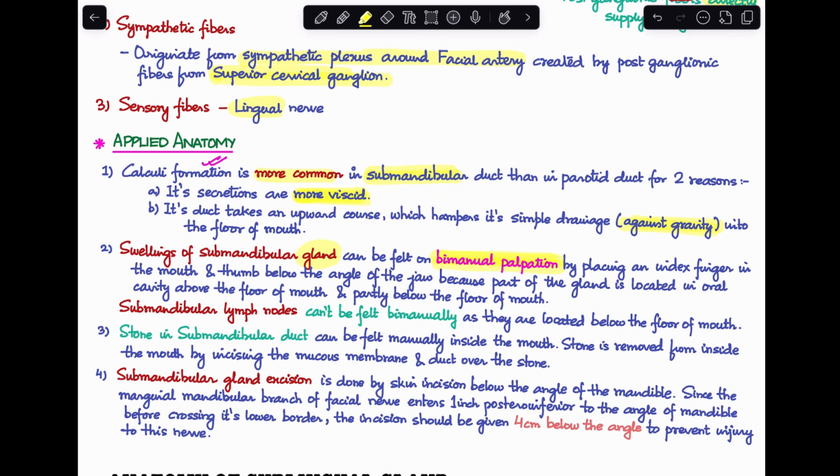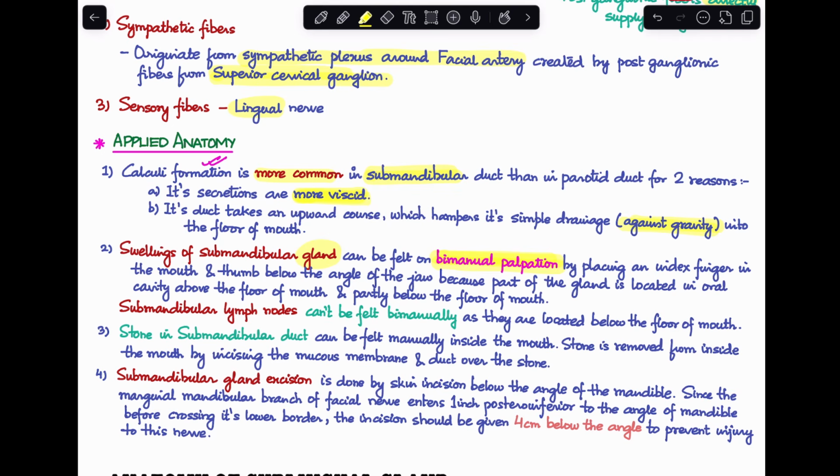Why can we palpate it bimanually? Because there is a part of the gland which is located in the oral cavity above the floor of the mouth, and part of it which is below the floor of the mouth. Because of the way that it is present in the floor of the mouth, we are able to bimanually palpate it.